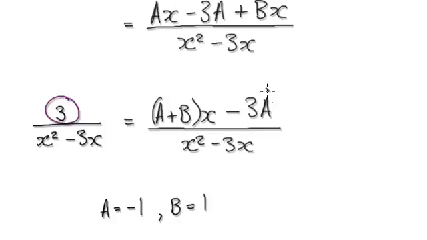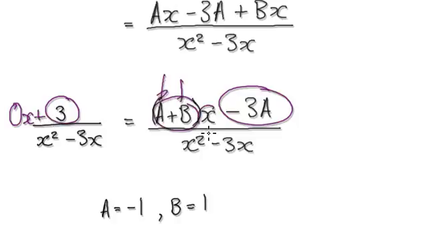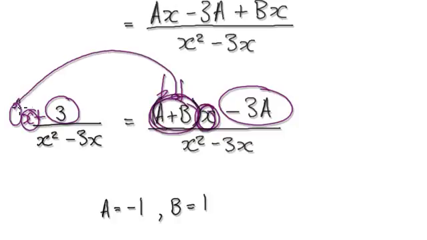This here is a constant, and you can imagine this as being 0x. So you've got to find A and B where the coefficient of x matches up with the 0, and this here matches up with this 3 here.